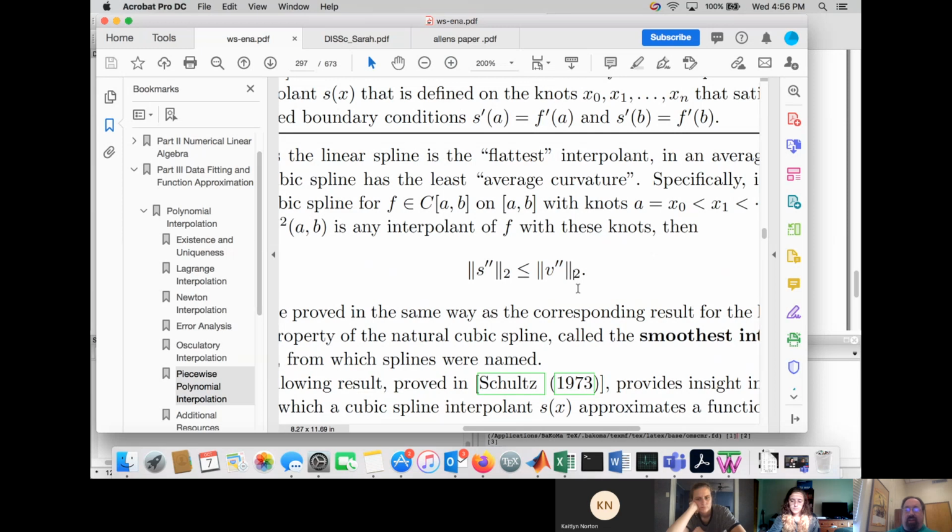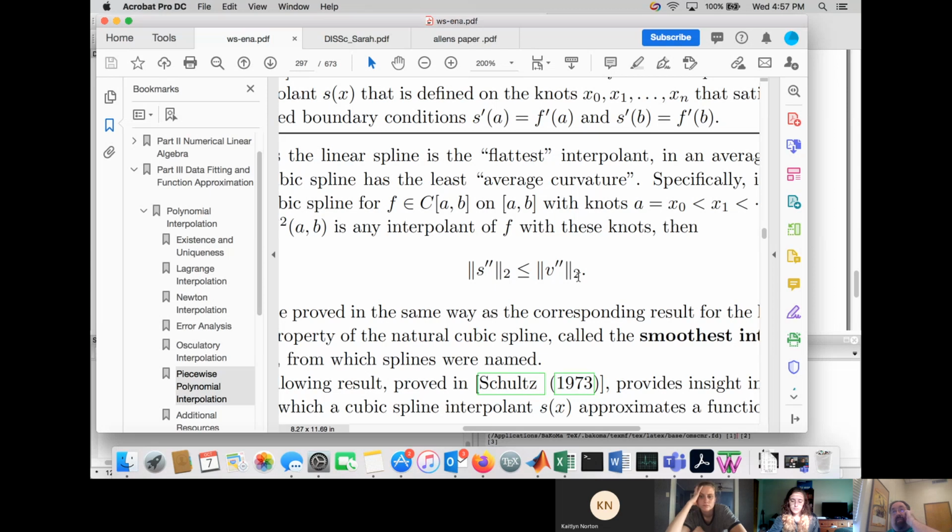Now, you may remember on Monday I showed a similar condition for a piecewise linear spline, except it was a first derivative. So the piecewise linear spline is the flattest function that fits the data. The cubic spline has the smallest average curvature, which would come from the second derivative.